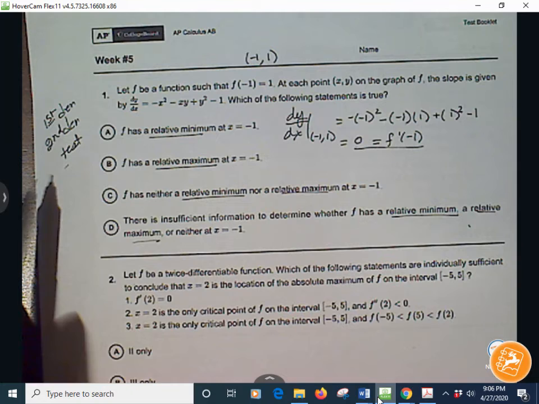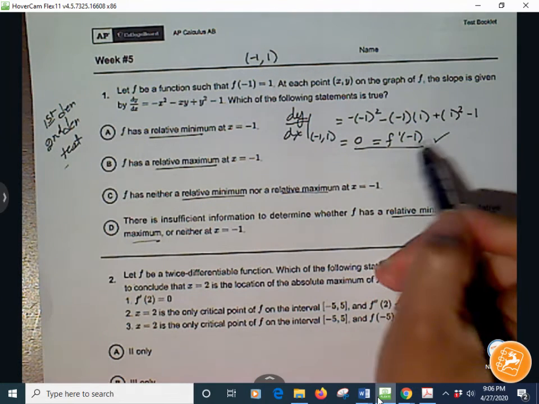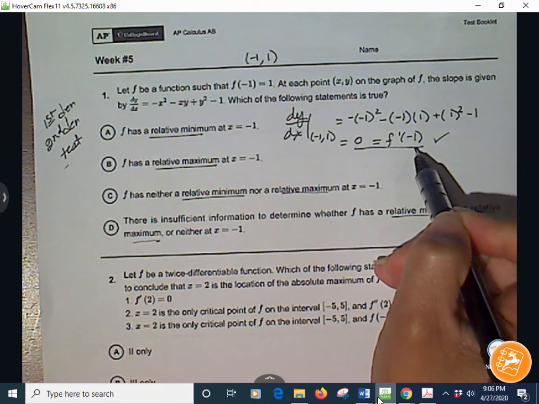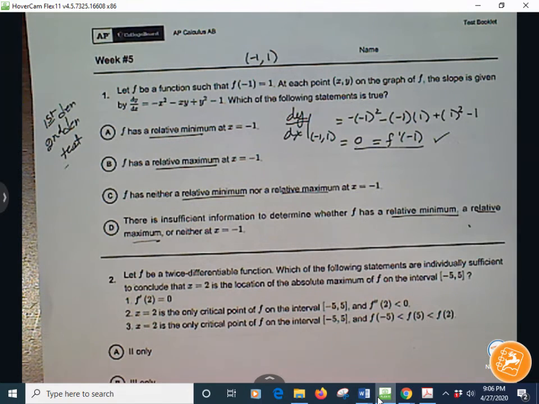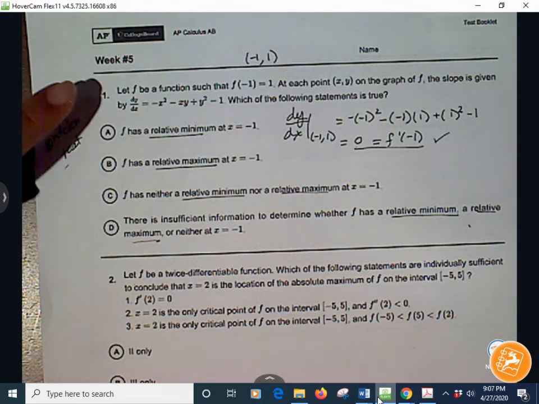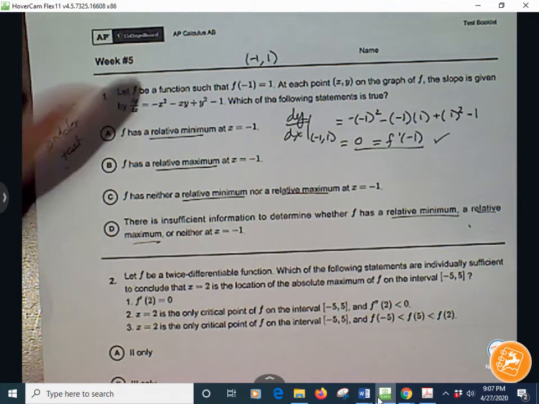The second derivative test says I need an x coordinate where the first derivative is 0, so I've got that. Now I want to see, at that same critical number, what is the second derivative? So I need to find the second derivative. I can do that by taking the derivative of my first derivative.